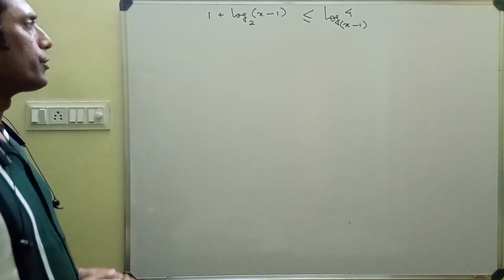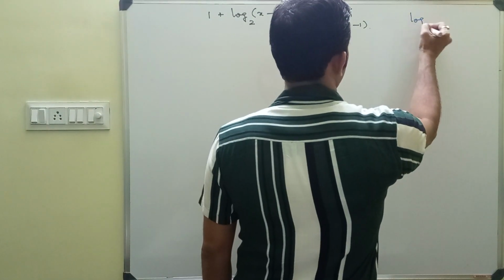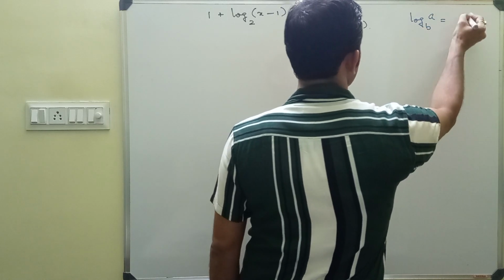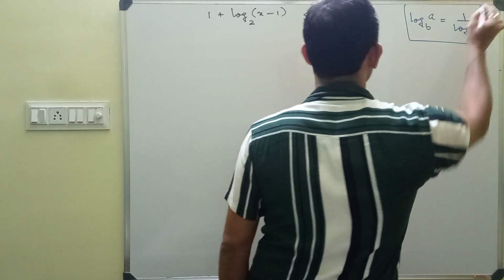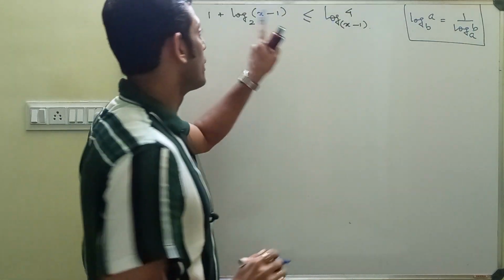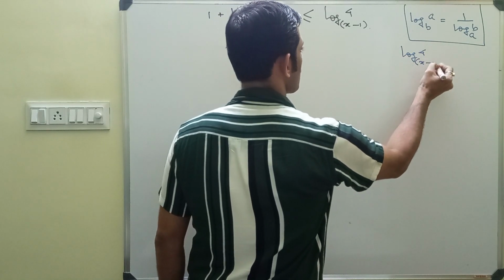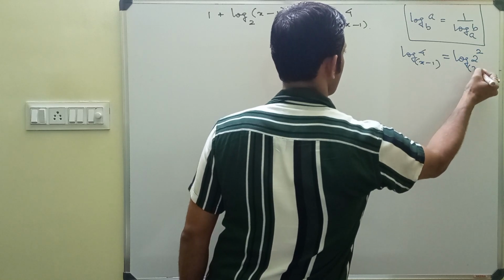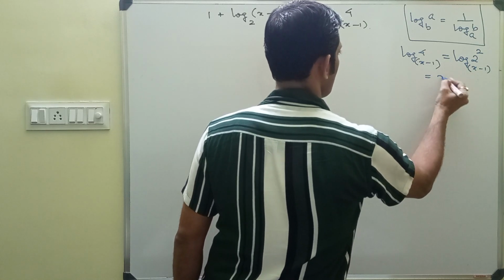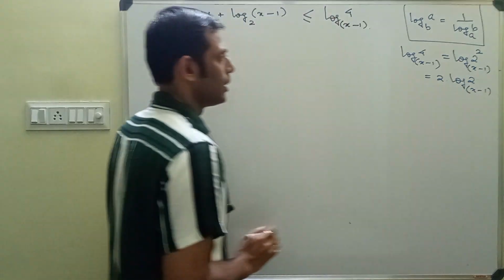Now dear, how to solve this? We had seen that log a base b is equal to 1 by log b base a. This property can be used here. Log of 4 base x minus 1 is equal to log of 2 square base x minus 1, which is equal to 2 log 2 base x minus 1.